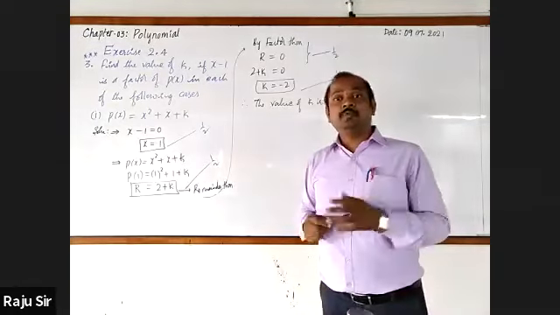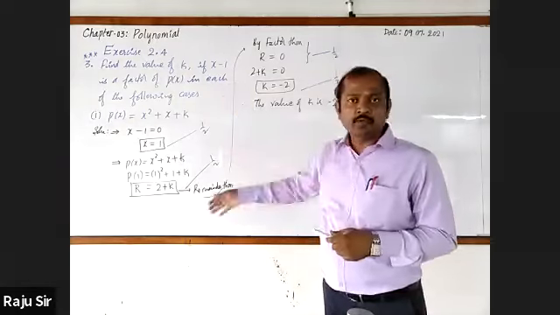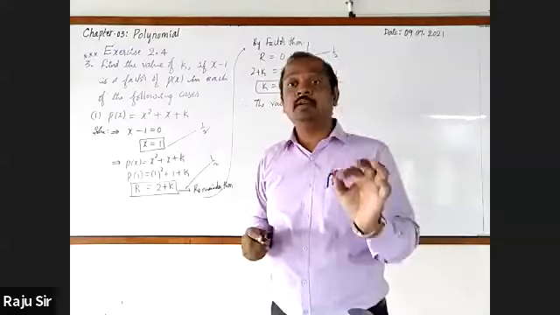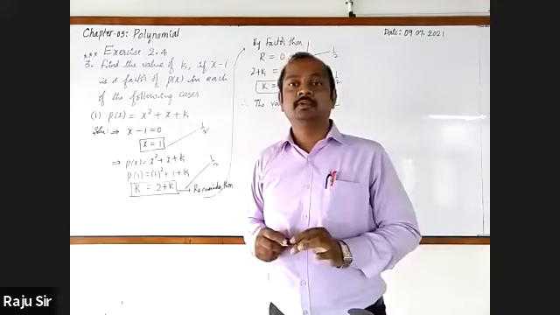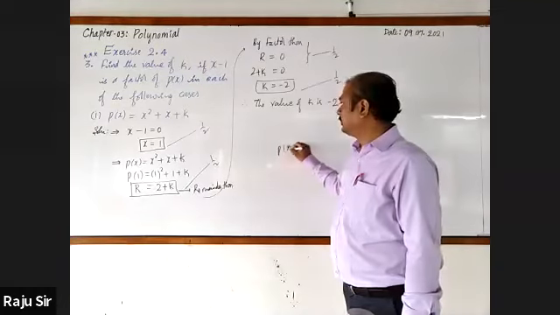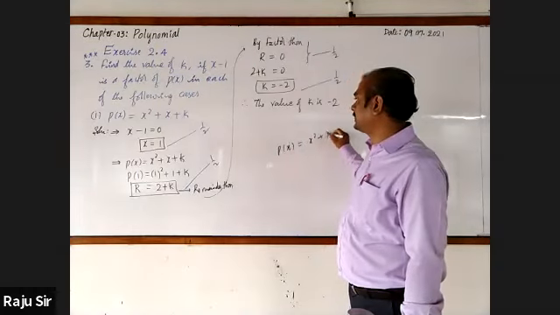But if it is given for 1 mark, will you follow these steps to get the answer? No, sir. If it is given for 1 mark, saving time is very important. That you must remember. For 1 mark, I'll just write p of x is equal to x square plus x plus k.